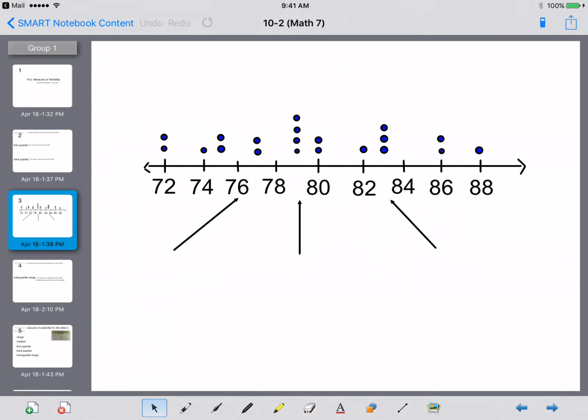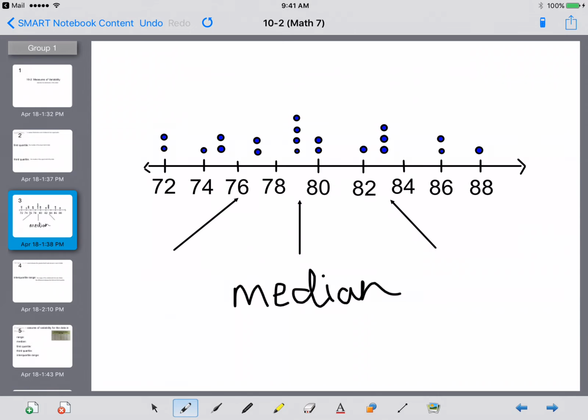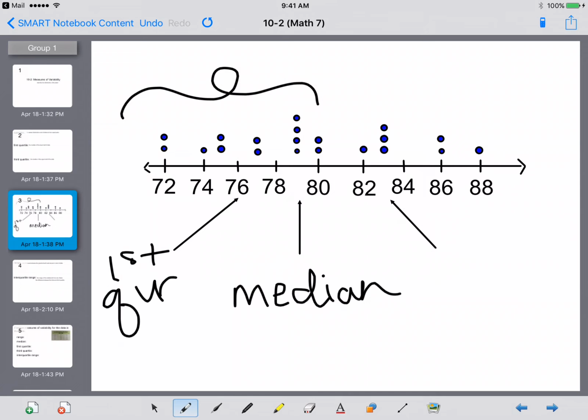So for example, in this data set, I have 3 different points labeled. You know that the center is your median. On this previous page, it said the first quartile is the median of the lower half of the data. So we're going to look here into our lower half. The middle of our lower half then is the first quartile.